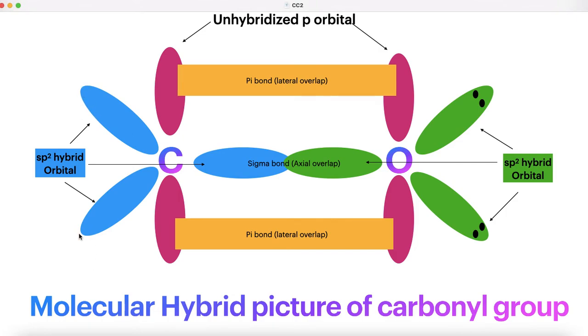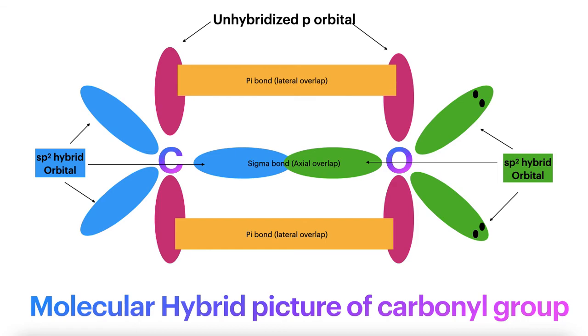In case of a ketone, it makes sigma bonds with two carbon atoms. In case of an aldehyde other than formaldehyde, it makes sigma bonds with one carbon and one hydrogen atom. This is the molecular orbital picture of the carbonyl group.